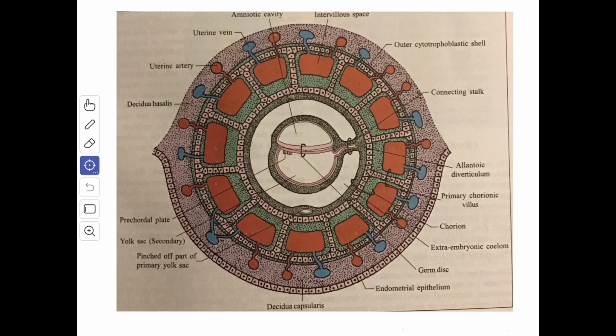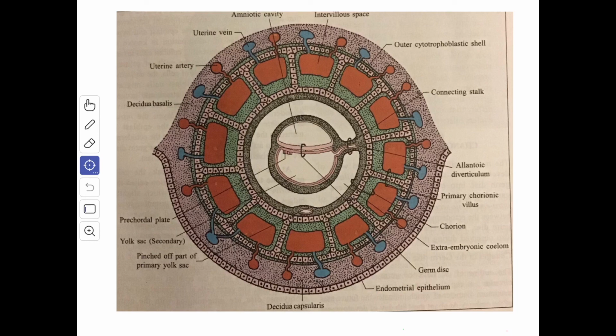The reduced sac thus formed is lined by a new wave of cells that migrate from the primary endoderm along the inner surface of the Heuser's membrane, and now it is converted into the secondary yolk sac or yolk sac proper. The extraembryonic mesoderm in the outer wall of the yolk sac is the major site of hematopoiesis or blood formation. The secondary yolk sac is observed on the 13th day of development.